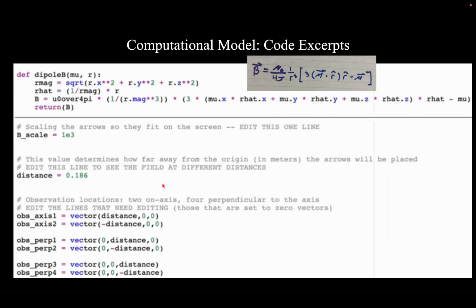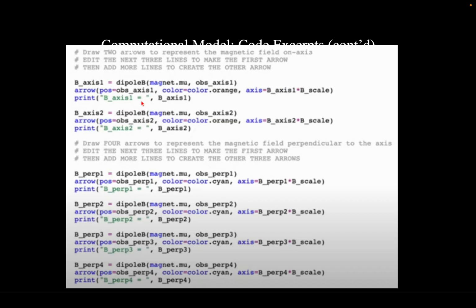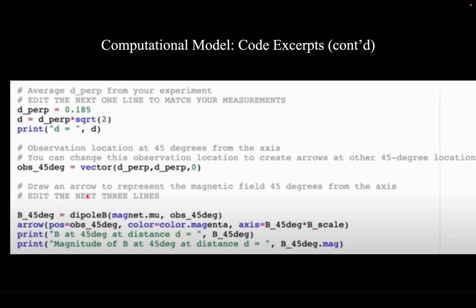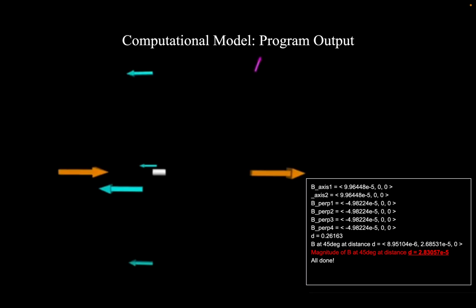Two on-axis magnetic field vectors were produced, whereas four were perpendicular. And right here is just the code generating those arrows. And finally, right here generates another off-axis vector at a 45-degree angle from it.